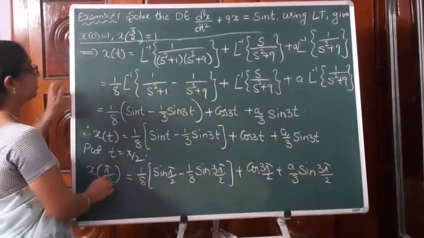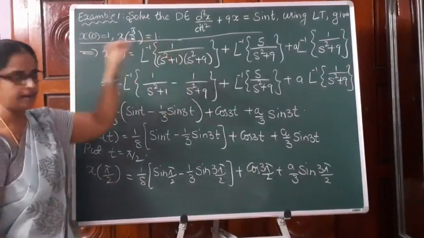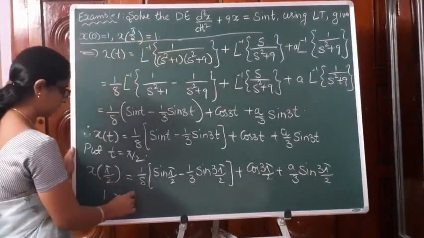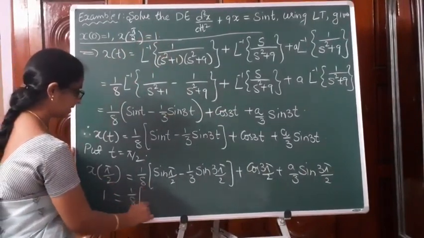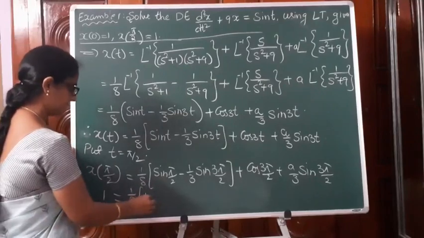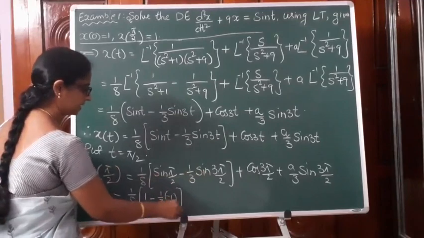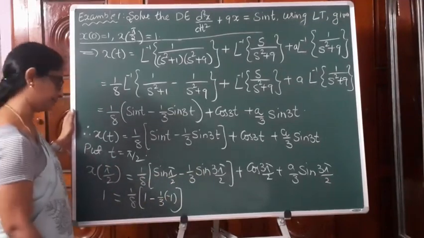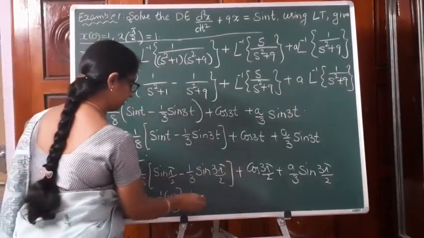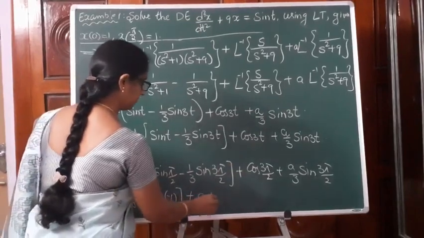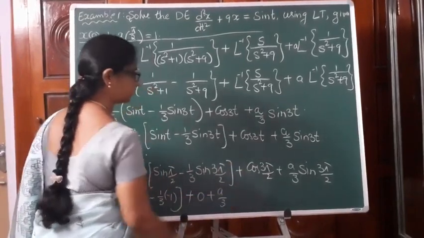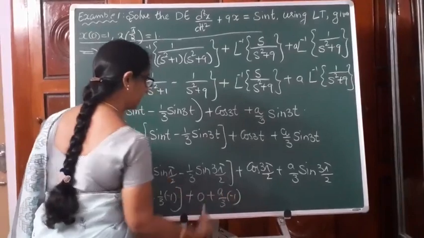Okay, so x of pi by 2 is given as 1. So 1 is equal to 1 by 8 times sin pi by 2, which is 1, minus 1 by 3 times sin 3 pi by 2, which is minus 1, plus cos 3 pi by 2, which is 0, plus a by 3 times sin 3 pi by 2, which is minus 1.